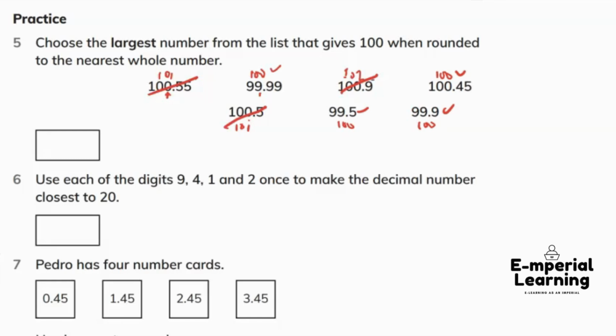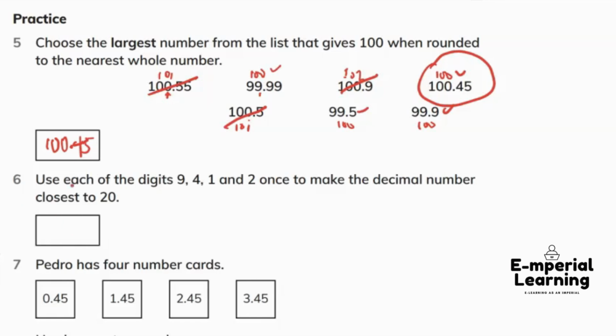So the largest number amongst 99.9, 99.99, 99.5, 100.45, and 99.9 is 100.45. Okay, so our answer is 100.45.